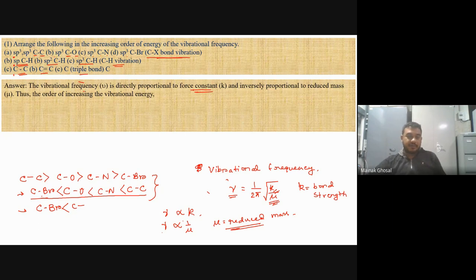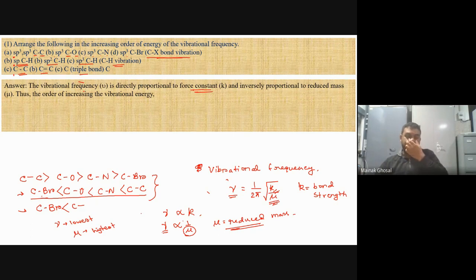You first need to find which one will be the lowest. Nu will be lowest for which mu will be highest. Now, among these four, you need to find which one has higher mu.